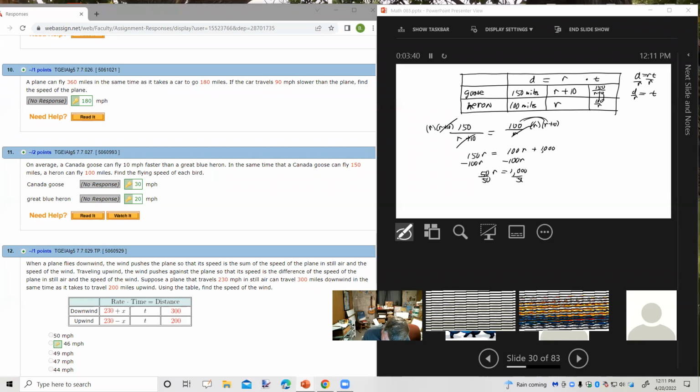Divide both sides by 50, r equals 20. So the heron goes 20 miles per hour and the goose goes 20 plus 10, which is 30 miles per hour. So heron 20 miles per hour, goose 30 miles per hour.